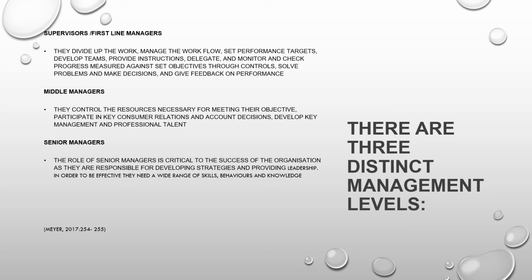These people are responsible for dividing up the work, managing the workflow, setting performance targets, developing teams, providing instructions, delegating and monitoring and checking progress measured against set objectives through controls, solving problems and making decisions, and also giving feedback on the performance of the employees in the organization.